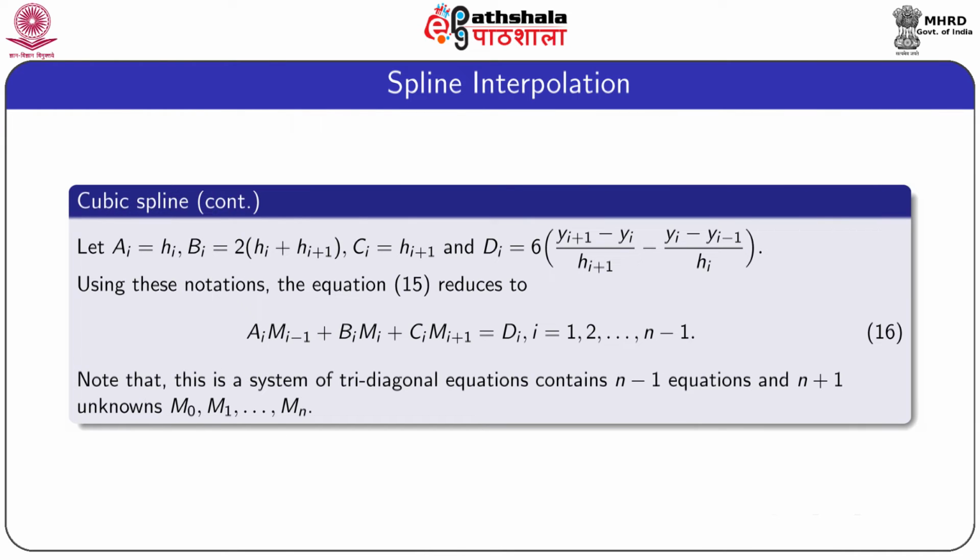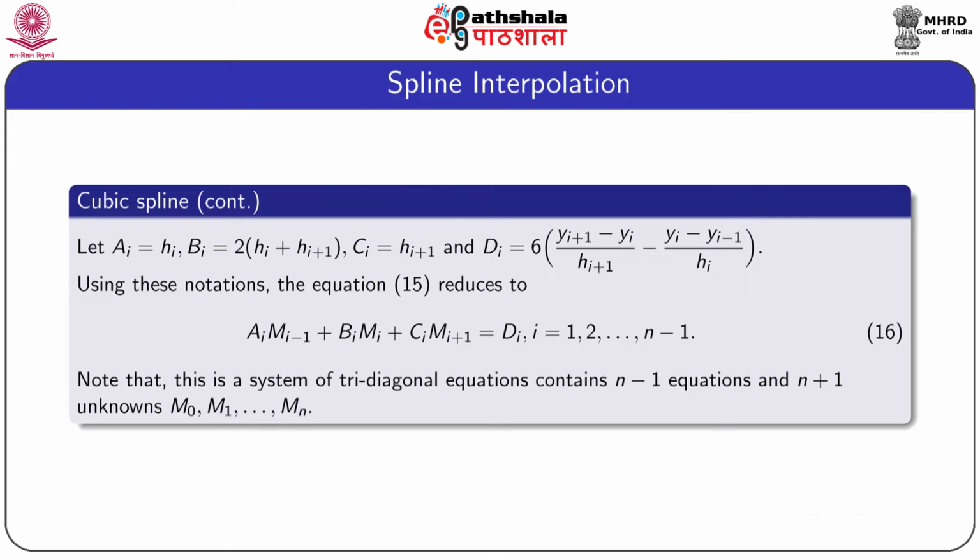Now, we use some notation to simplify the above equations. We denote h_i by capital A_i, 2(h_i + h_{i+1}) equal to capital B_i, and h_{i+1} equal to C_i, and the right hand side of the above equation is denoted by capital D_i.